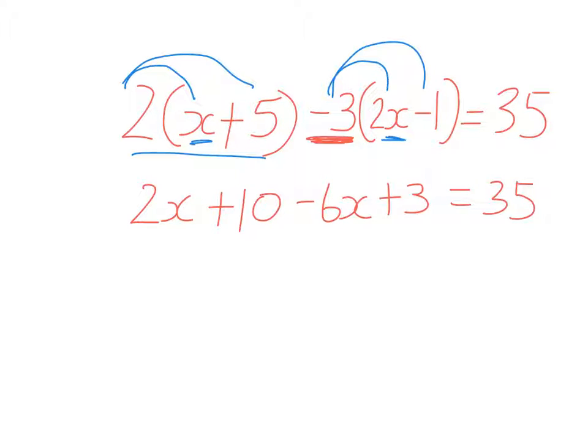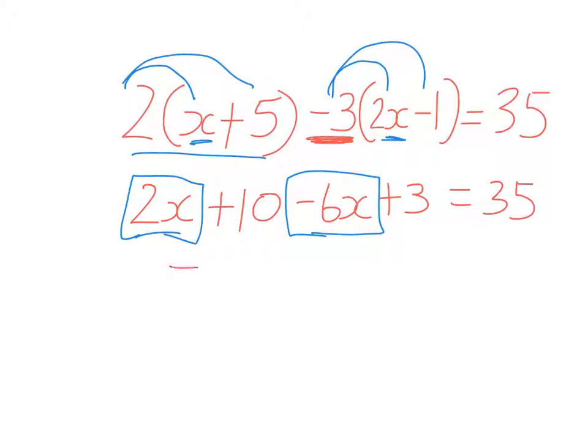We haven't done anything to the right-hand side. Now what we need to do is get x to one spot by collecting like terms. Remember, you can only add or subtract terms if they are like terms. They're only like terms if they have the same sequence of pronumerals. So 2x and minus 6x, they're like terms because they both have one and only one x. 2 minus 6 is minus 4.